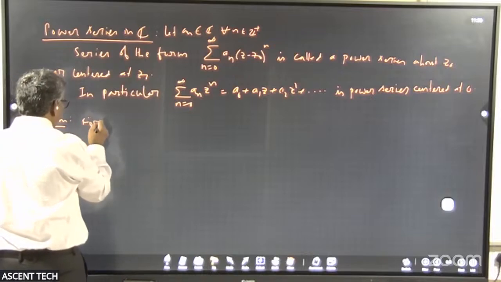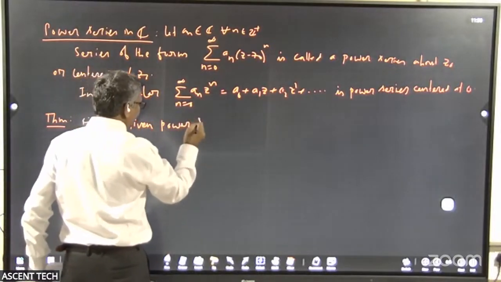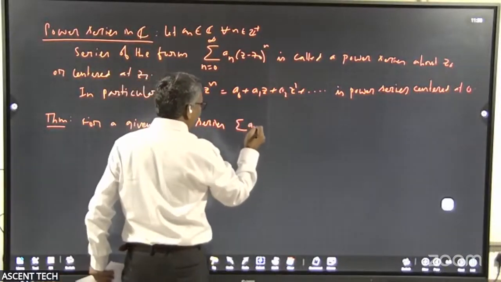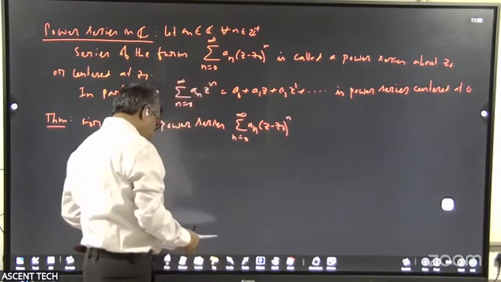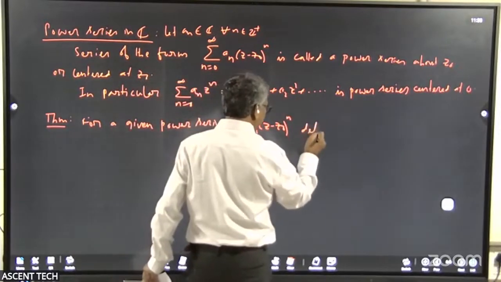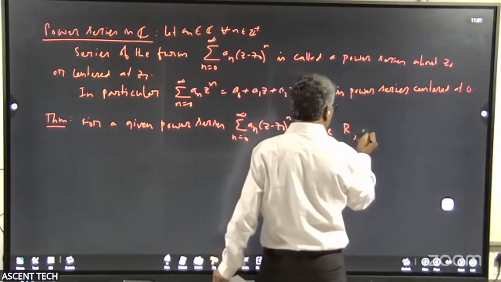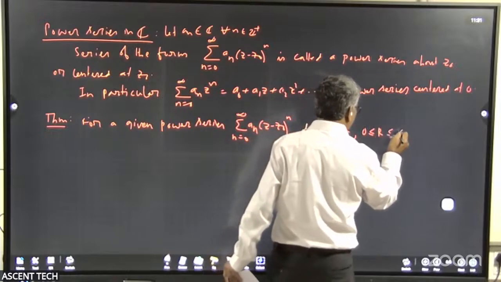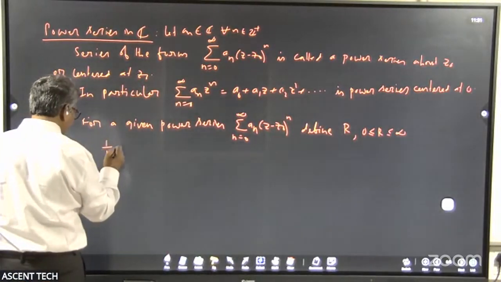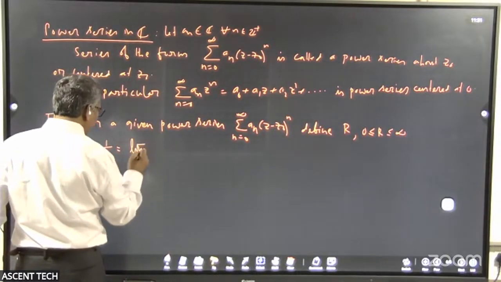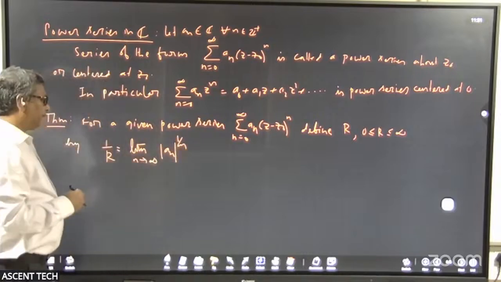For a given power series, sigma a_n (z minus z naught) to the n, there is a number capital R, which can be 0 or infinity, defined by the following: 1 by capital R is the limit supremum as n tends to infinity of mod a_n to the power of 1 by n.